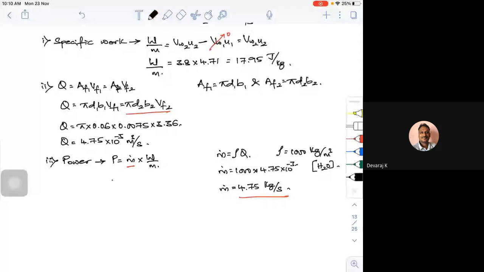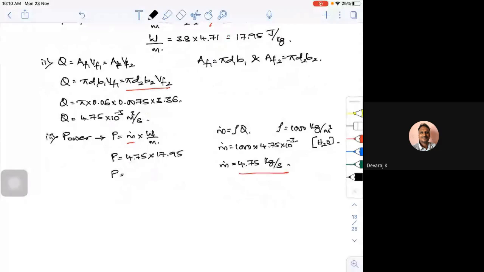My power will be 4.75 into 17.95 joules per kg. So this will become joules per second, so it will be in watts. If I put it into my calculator, I get 85.4 joules per second or watts. So the third quantity also we found.